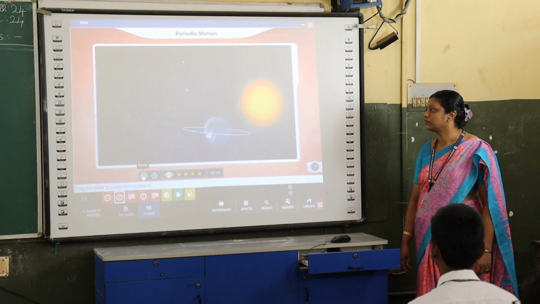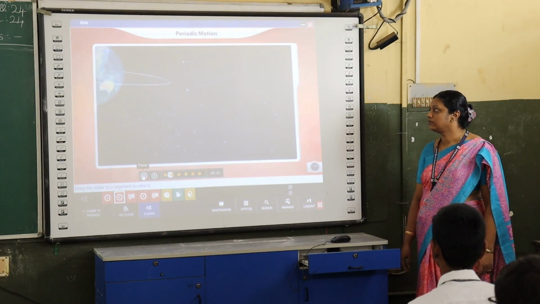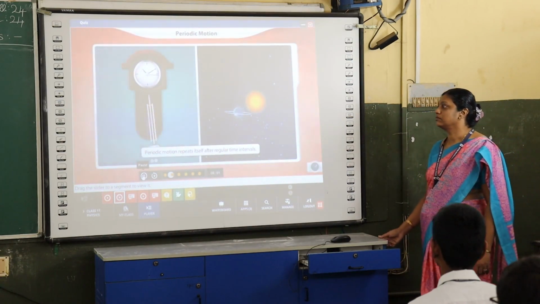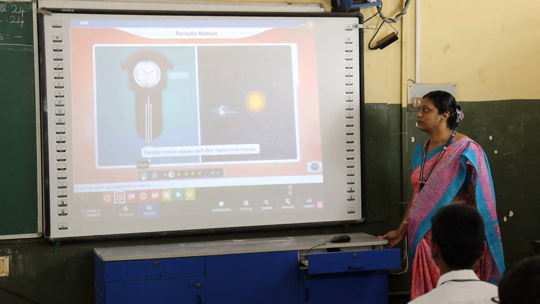Even Earth revolves around the Sun along the same path repetitively after certain time intervals. This is also true of the Moon, which revolves around Earth. Such a motion which repeats itself in regular time intervals is called periodic motion.